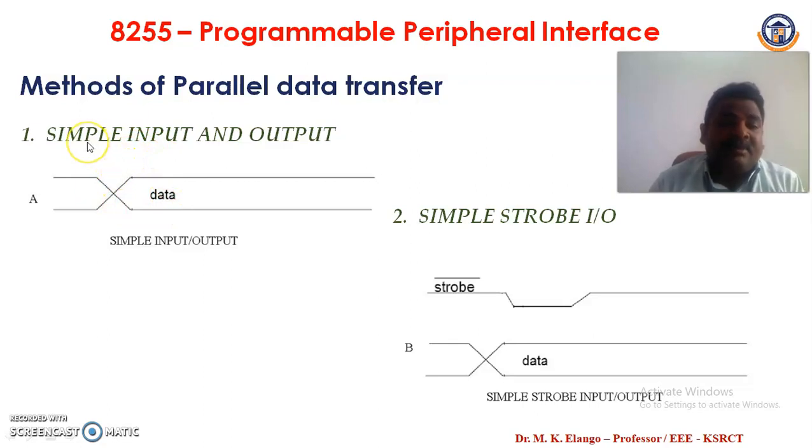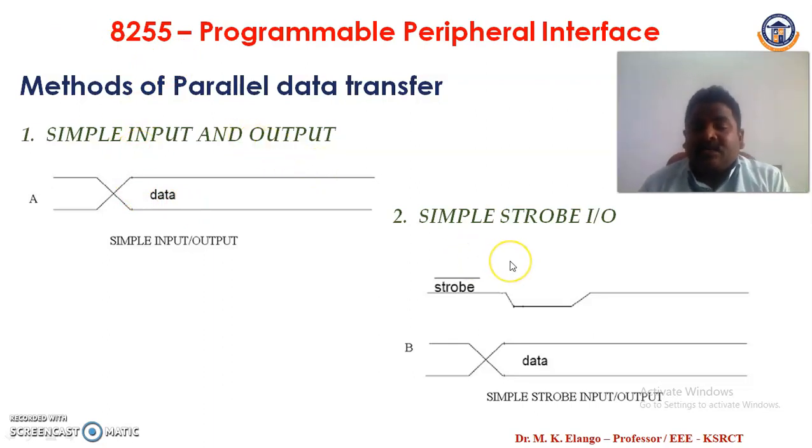From the name itself, we can easily understand: without checking anything, whether the peripheral devices are ready to transfer or receive the data, and similarly whether the processor is ready to receive or transmit the data, we simply transmit the data from peripheral devices to microprocessor and vice versa. That method is called simple input and output data transfer.